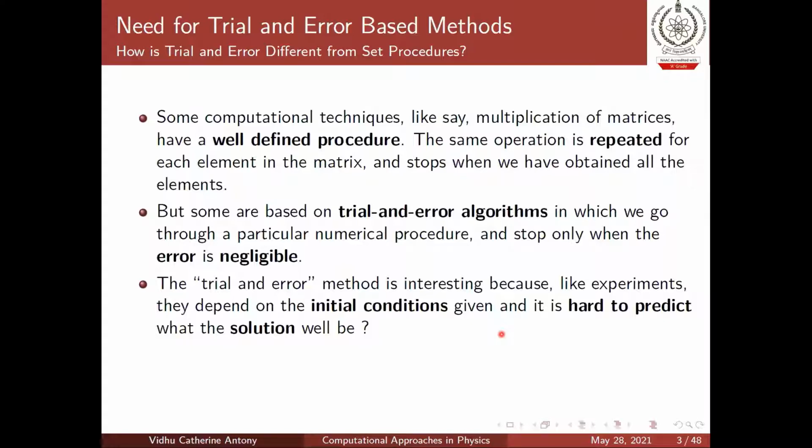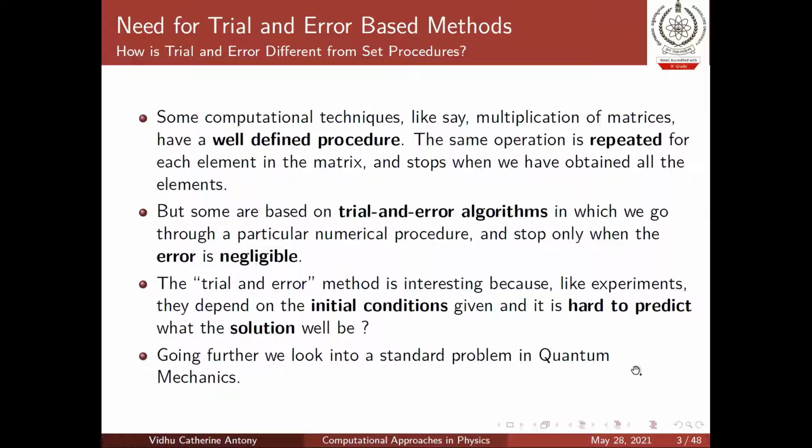So the trial and error based methods are interesting because, just like the experiments that you do, it depends on initial conditions, and therefore the exact solution that you want is a little bit harder to find out. As you alter your initial conditions, the results that you get are altered.